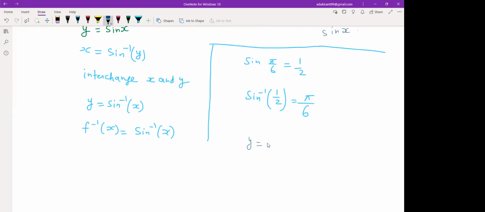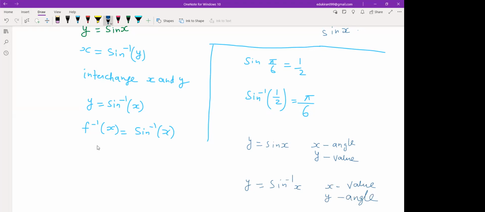So in y is equal to sine x, x is an angle and y is a value between -1 and 1. Whereas in y is equal to sine inverse x, x is a value and y is an angle.